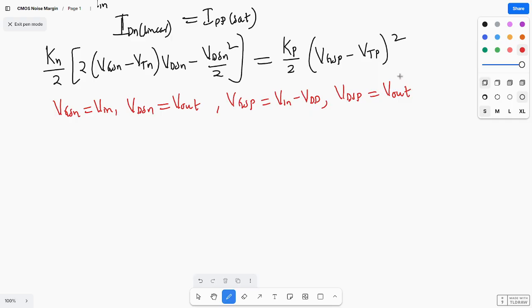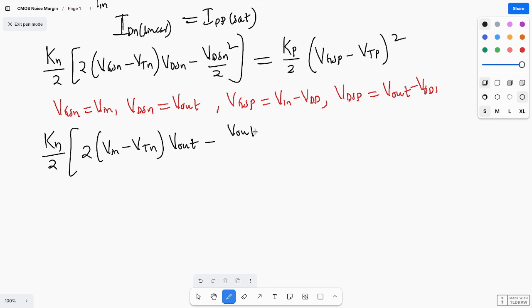So I substitute these: Kn by 2 into (Vin minus VTN) into V out minus V out square divided by 2, that is equal to Kp by 2 into (Vin minus VTP) whole square. I am just substituting those values.